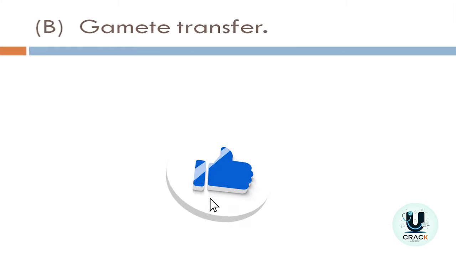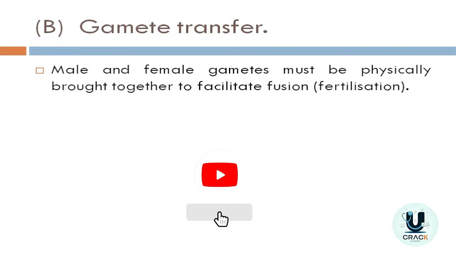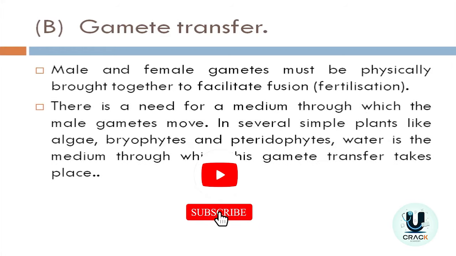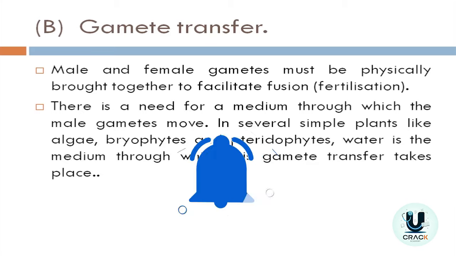Gamete transfer. How is it transferred? Male and female gametes must be physically brought together to facilitate fusion. We have known that when they are physically brought together to facilitate fusion, that is called fertilization. Where the male gamete and female gamete fuse, that is fertilization. Again saying the same. There is a need for a medium through which the male gametes move.